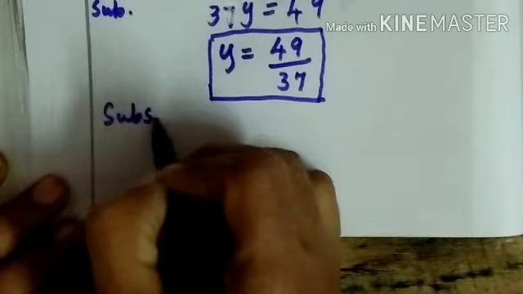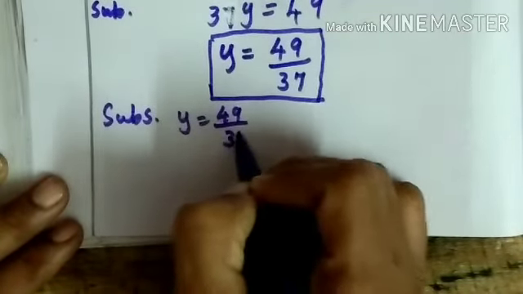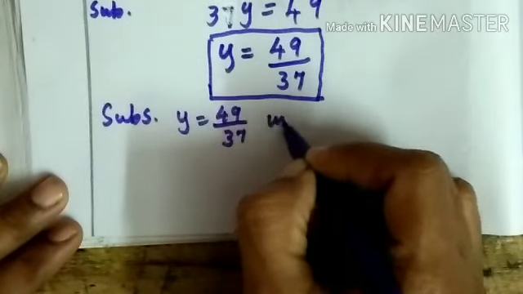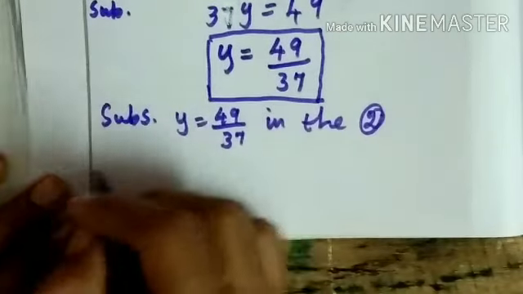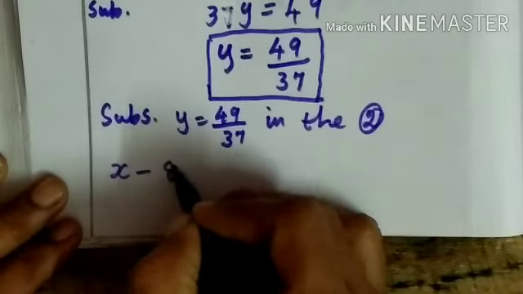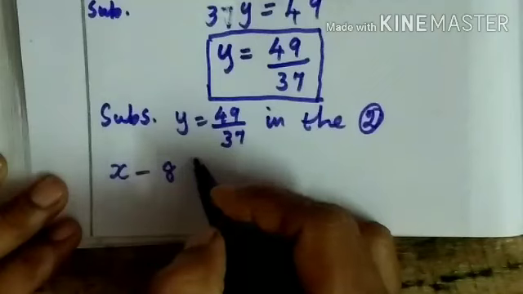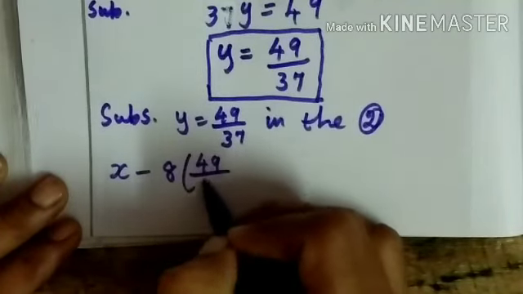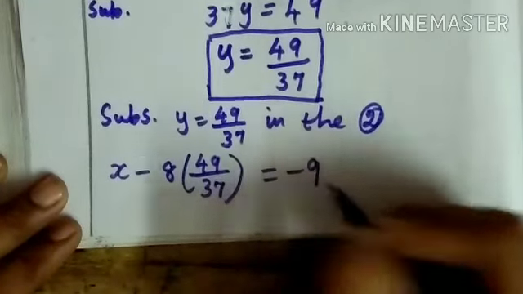Substitute y is equal to 49 by 37 in the second equation. We get x minus 8y. Instead of y you have to apply this value, x minus 8 into 49 by 37 is equal to minus 9.